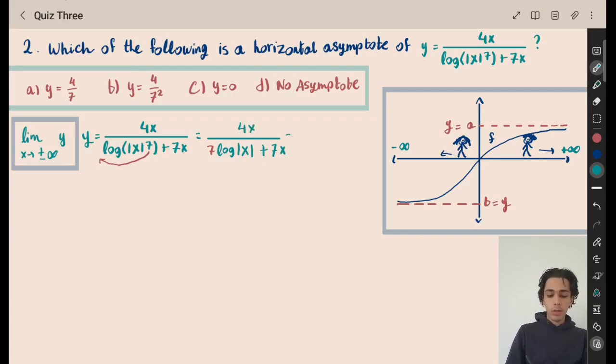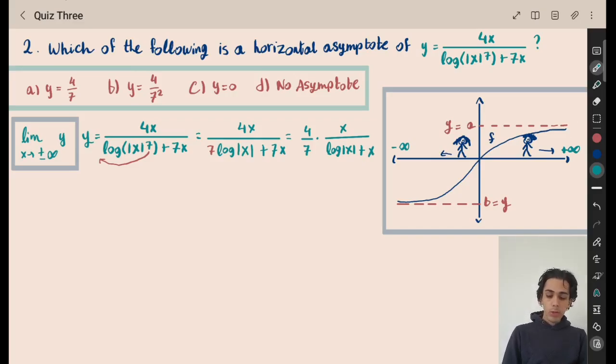Above there's 4x. And then I think you see where this is going. You write here 4 and write here 7. And I factor out both of these 7s. So I get log absolute value of x plus x. And then above there's an x also.